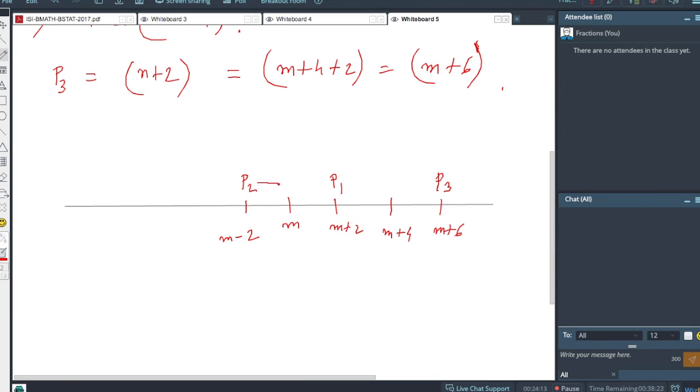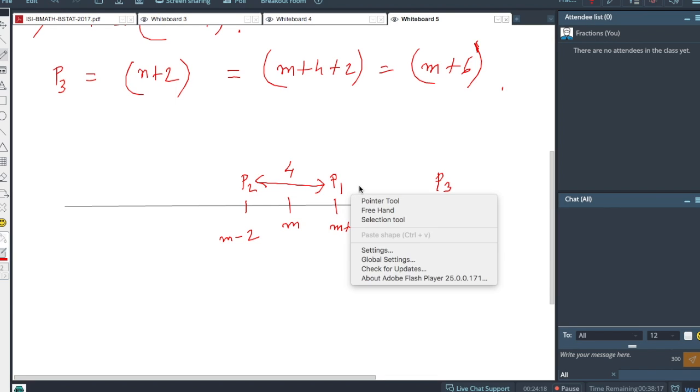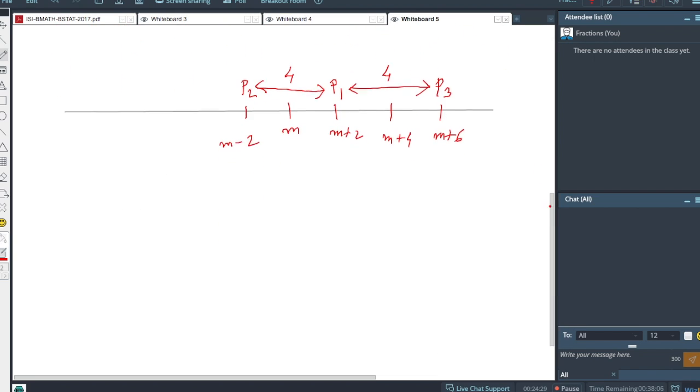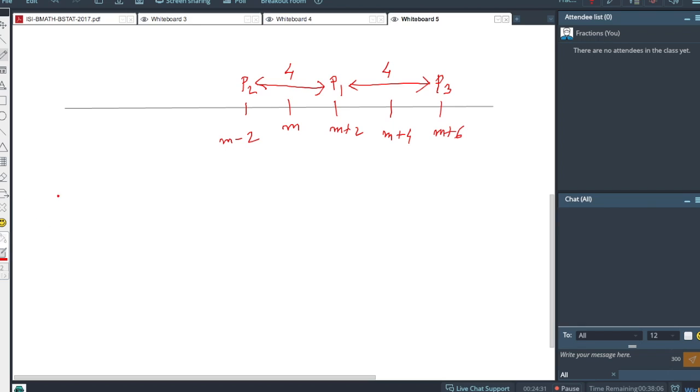And now if you look at the gaps again, the gap between P2 and P1 is 4. The gap between P1 and P3 is also 4. And so again, by the similar argument that we had in case 1, if P2 is of the form, suppose, 6k plus 1, then P3 is of the form 6k plus 9, which is not a prime.